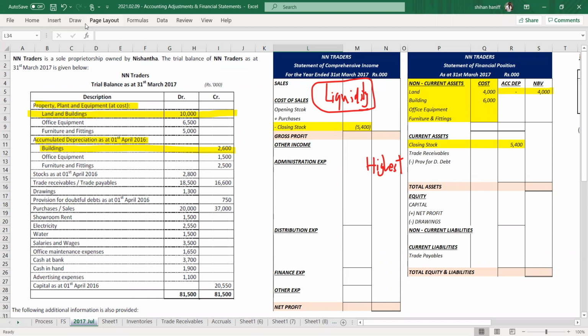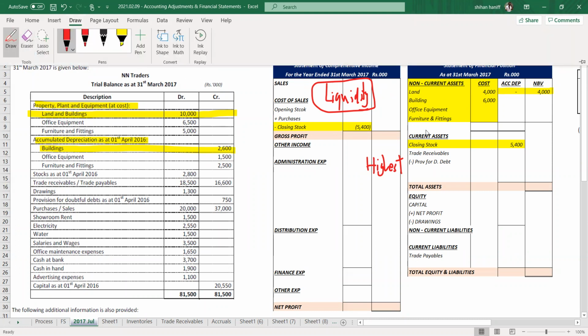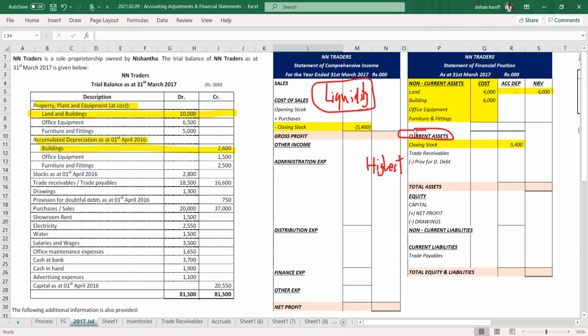And current assets, always you have to start with the inventory and trade receivables. After that, you can have all other current assets like short-term investments, prepayments, receivables. Then the final current asset should be cash in hand.